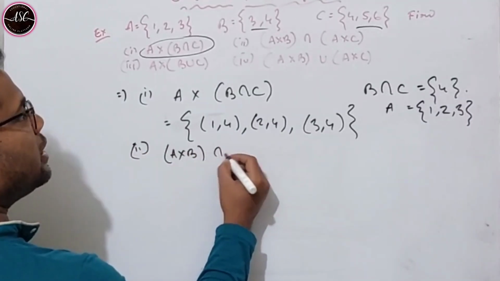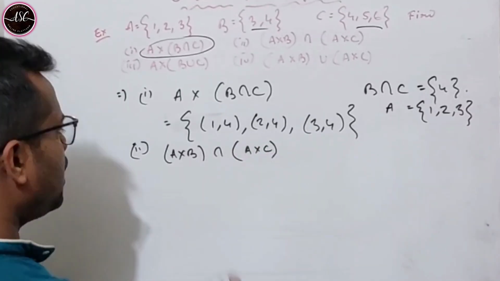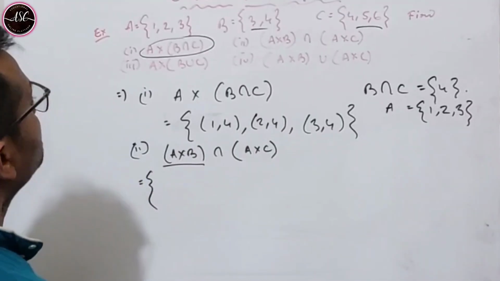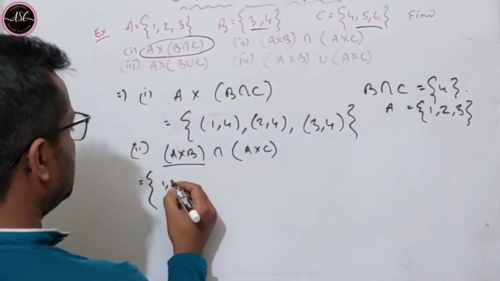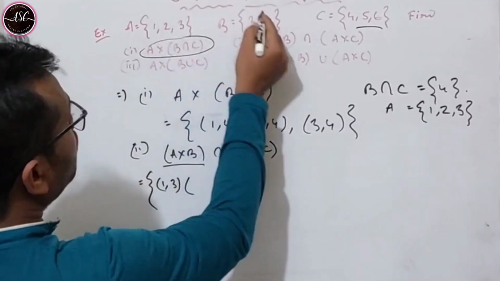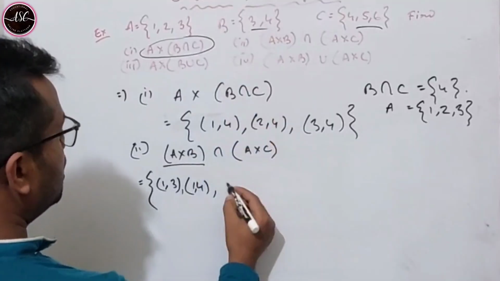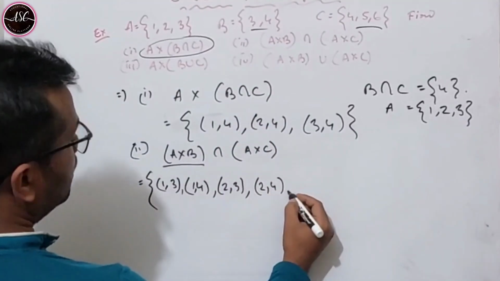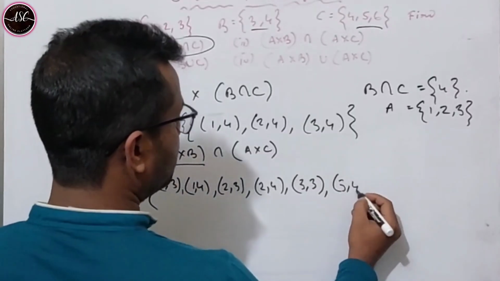Second: the Cartesian product of AB intersection the Cartesian product of AC. Now we have to find the Cartesian product of AB. The first element with the first element of B: (1, 3), then (1, 4). Then (2, 3), then (2, 4). Then (3, 3), then (3, 4).